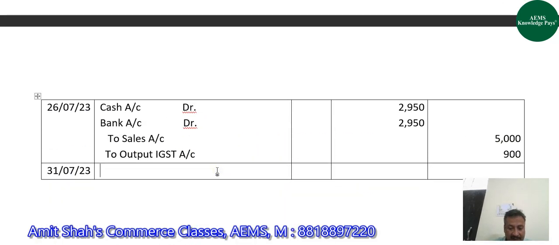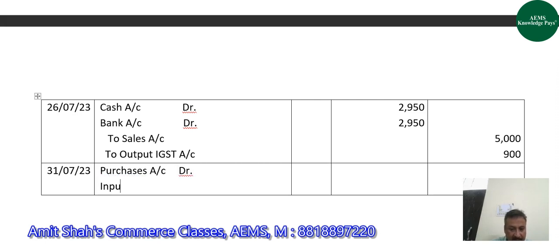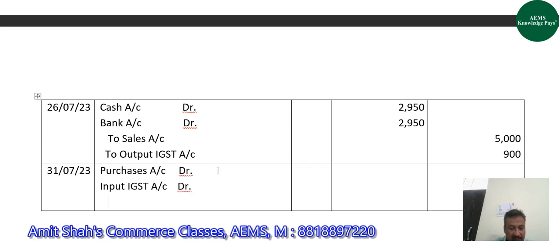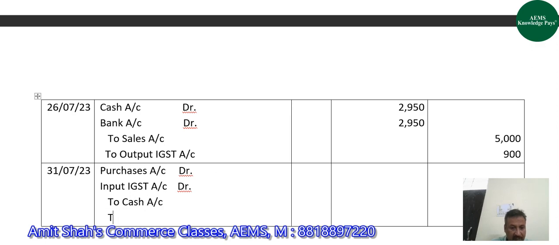So here we will have purchases account debit, input IGST account debit to cash account to discount received account.